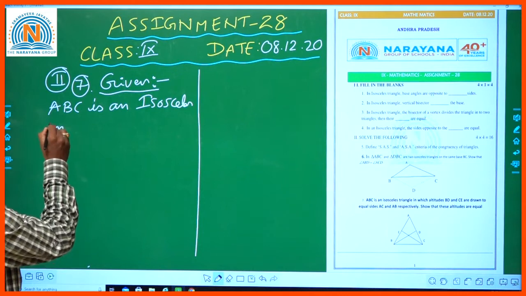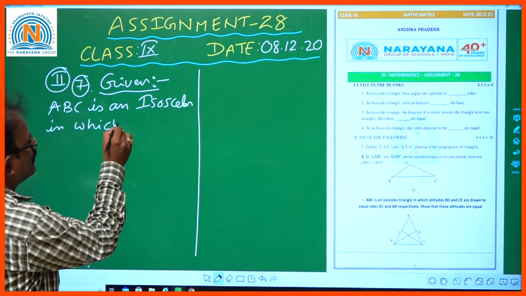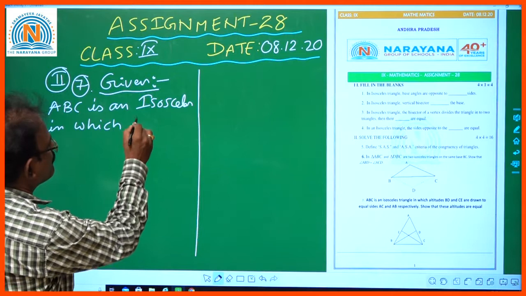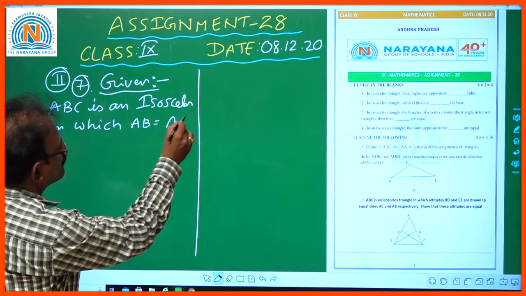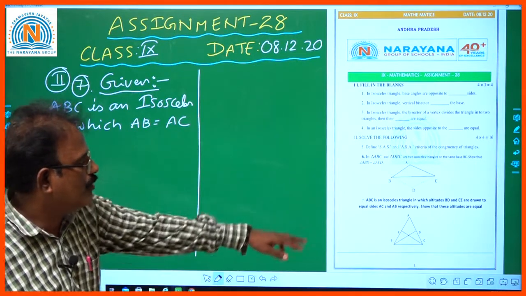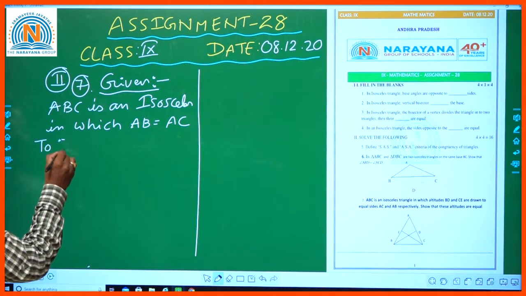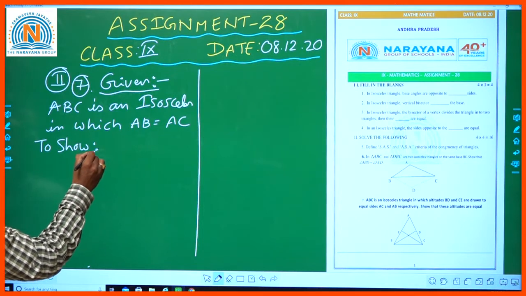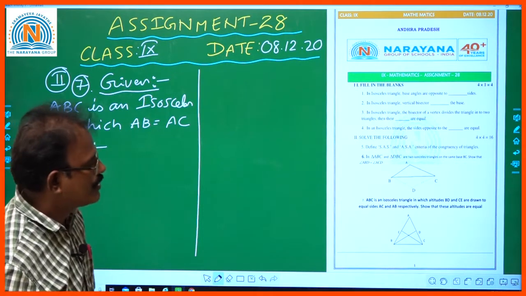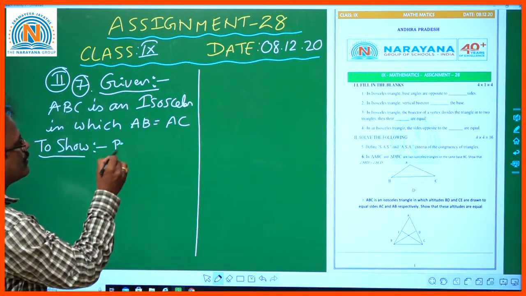That means AB is equal to AC. Now show that these altitudes are equal. We need to show that altitudes BD and CE are equal.